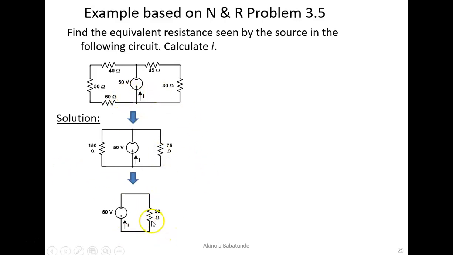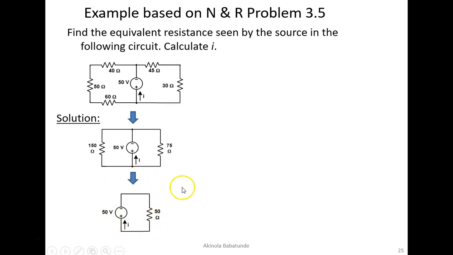So that is why at the end of the day, you find that we have 50 ohms here, and then we have our voltage, which is the source voltage, still here untouched. So this circuit with the 1, 2, 3, 4, 5, 6 circuit elements can be reduced to a simple circuit with just two elements, the voltage source and the equivalent resistance in the circuit.